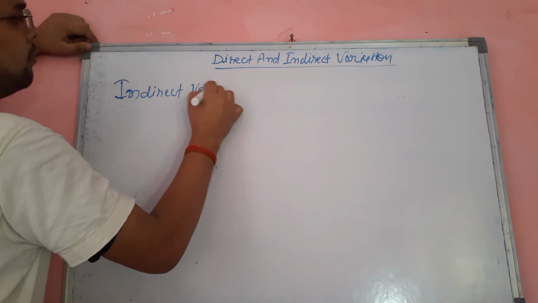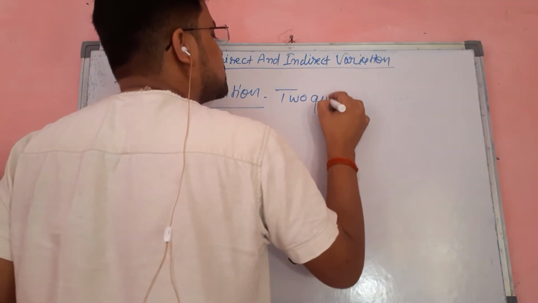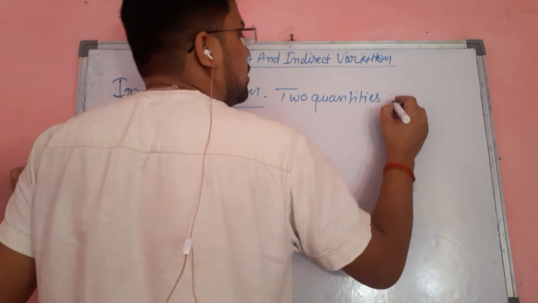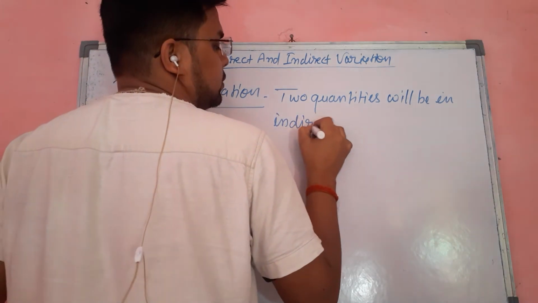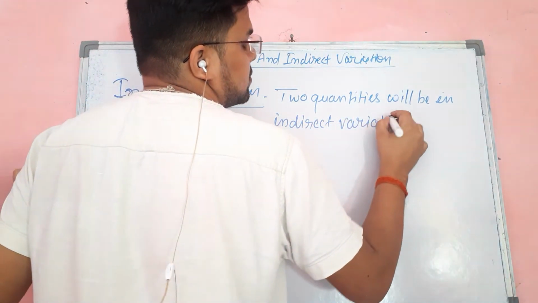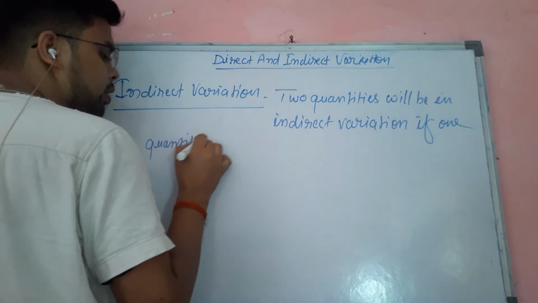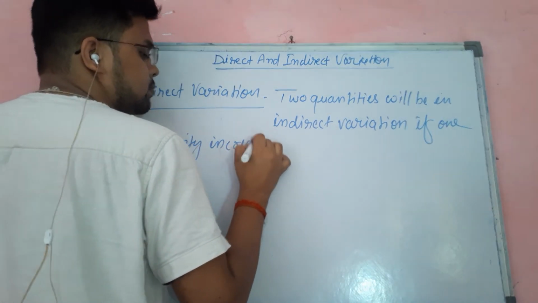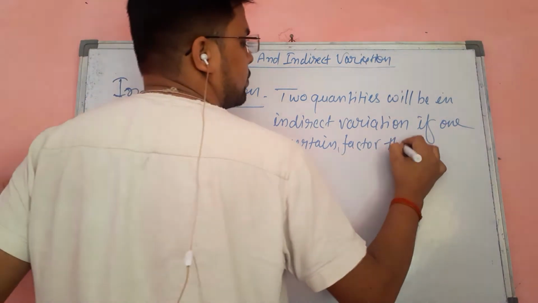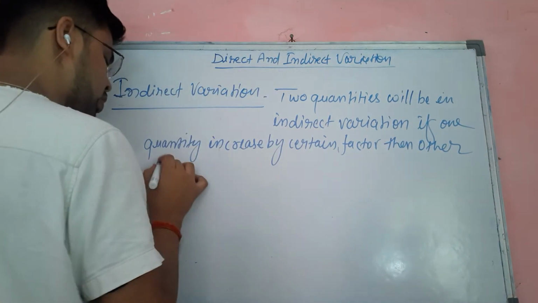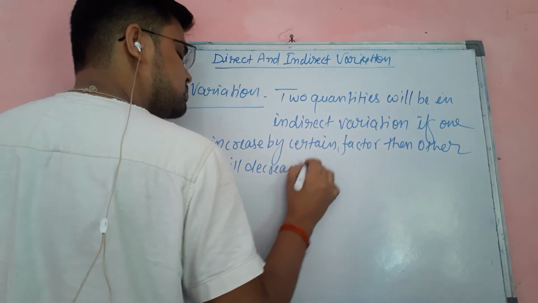Indirect variation. Two quantities will be in indirect variation if one quantity increases by a certain factor, then the other quantity will decrease by the same factor.